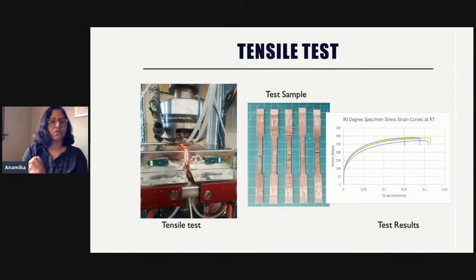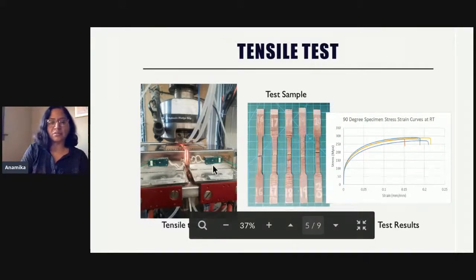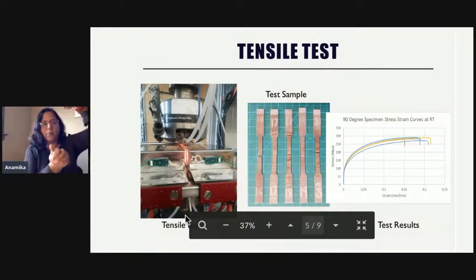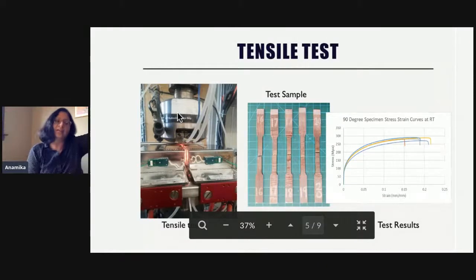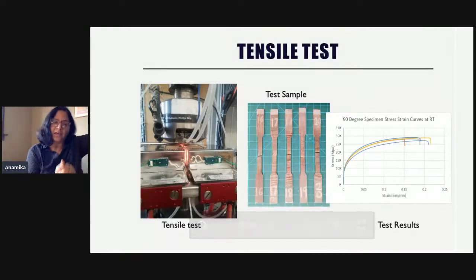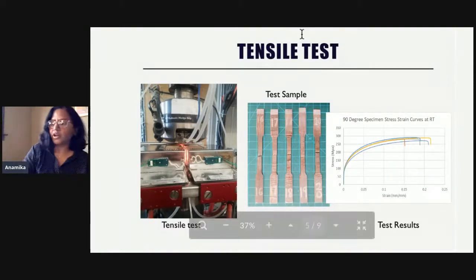Many other tests. We want to know how the material will behave under high pressure. We want to know its tensile strength at different temperatures. This might not be very clear, but you put your sample between those two holders, and we pull it and find out how the metal will behave.